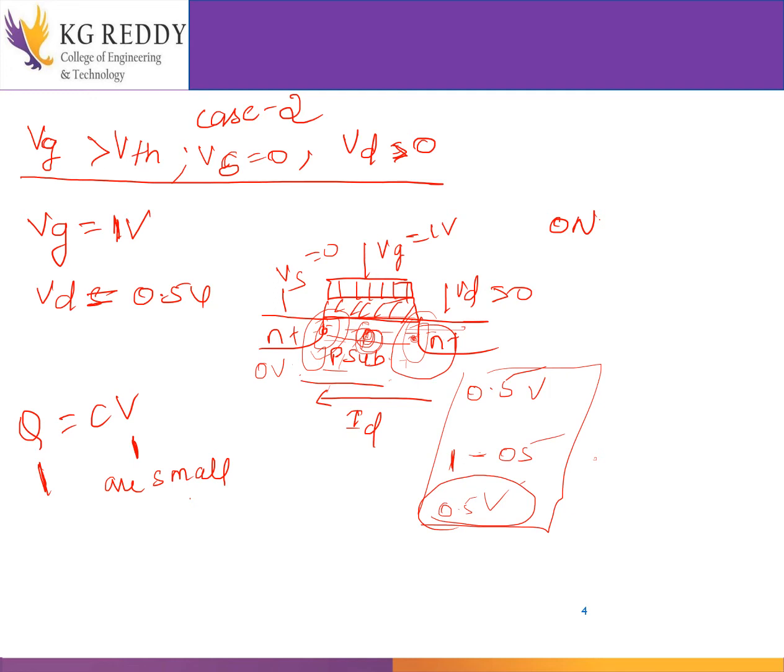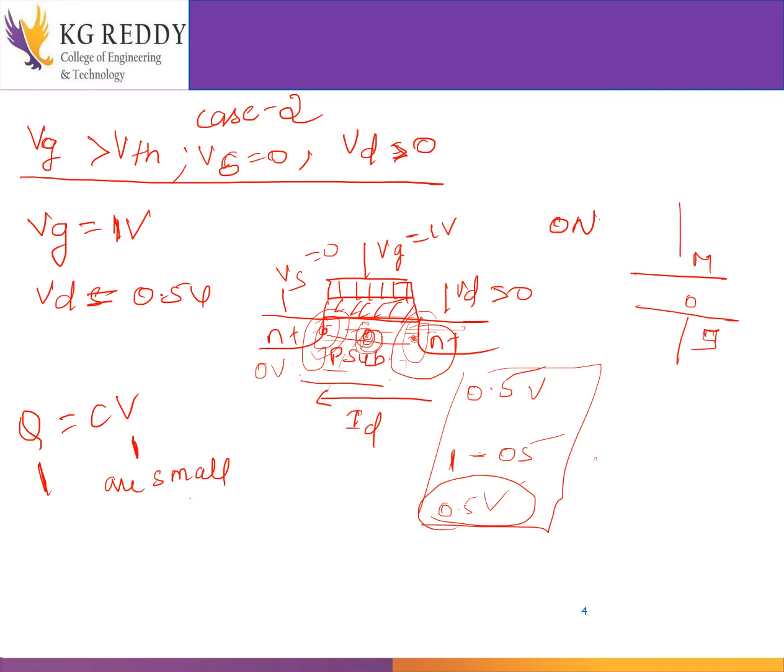In general, we say MOS is also a MOS capacitor. This is a metal, then oxide, then again metal, something like that. But in this case, we have a semiconductor.